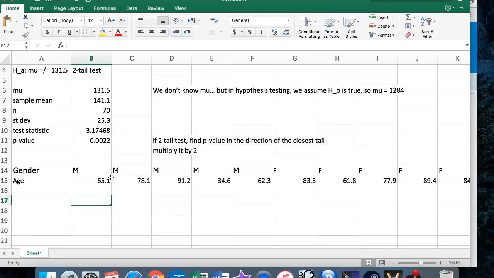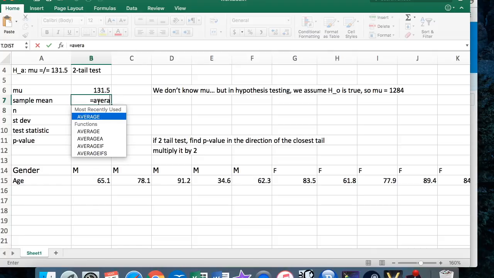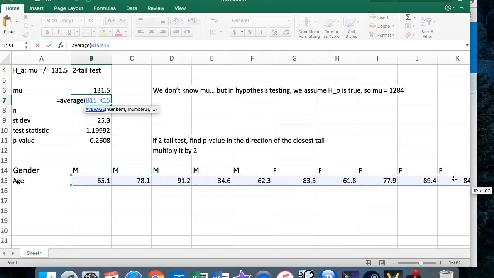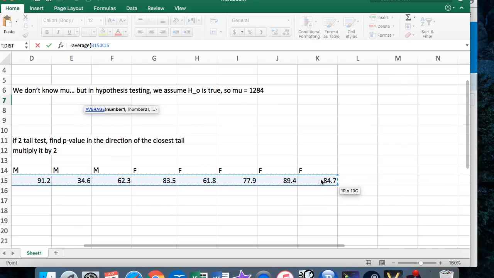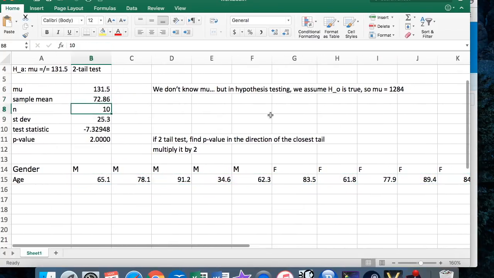Okay, so first things first, let's calculate our sample mean, because if we don't have our sample mean, we don't have our sample standard deviation. We have our sample size, and it's 10: 5 females and 5 males. Now my mean is just going to be the average of all of these, B2 over to K15.